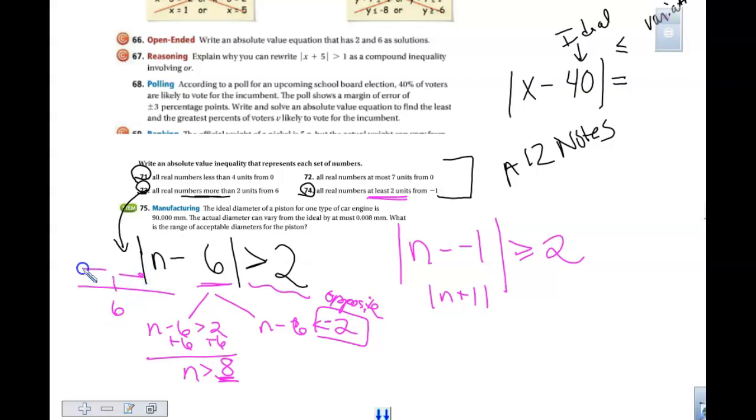I'm thinking 2 units up and 2 units down. Adding 2, subtracting 2. I should get answers of 4 and 8. I just got one being 8. When I do this one, if I solve it, I get n is less than, if we're adding that, 4. Oh, this is 4. Okay, so this is always a minus away from that.